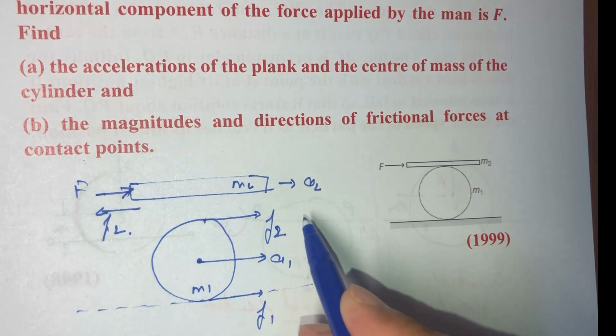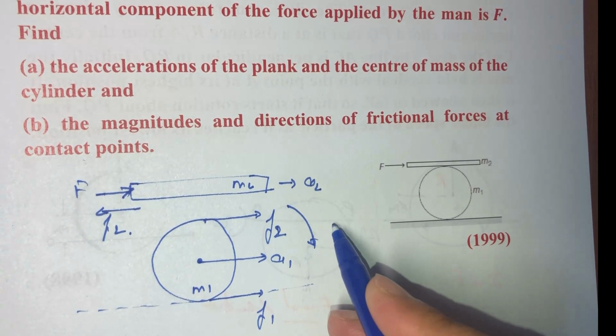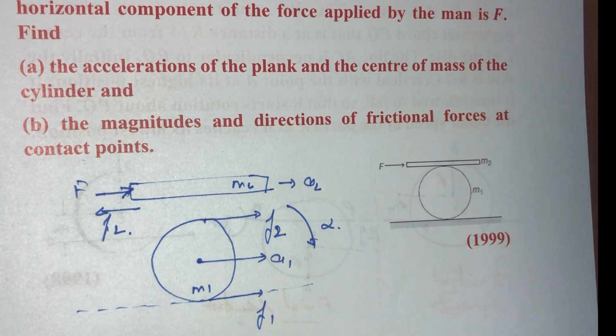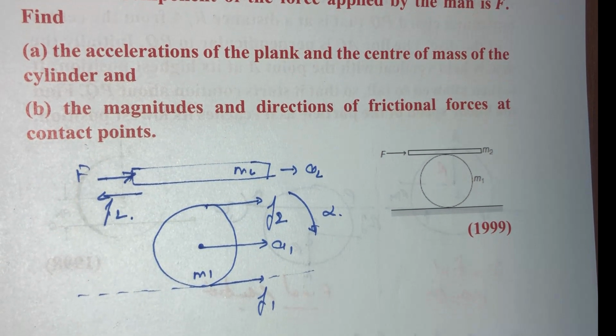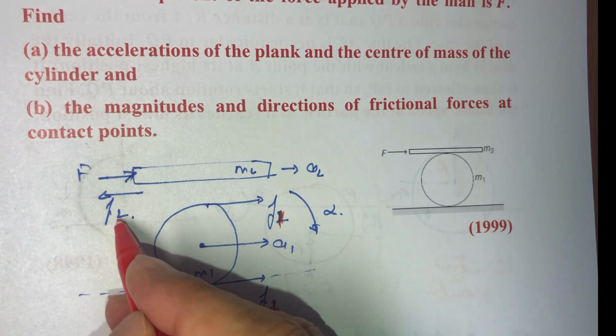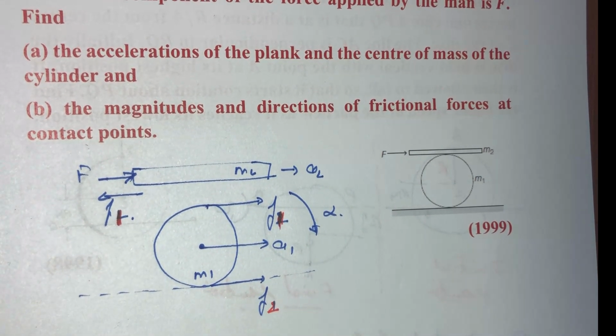We assume that the angular acceleration of the cylinder is alpha, in this direction. So these are the basic things acting on it. Let us say this is f2 and this is f1.